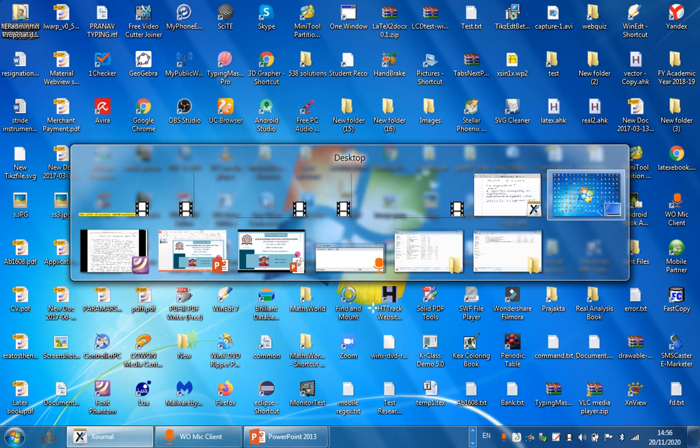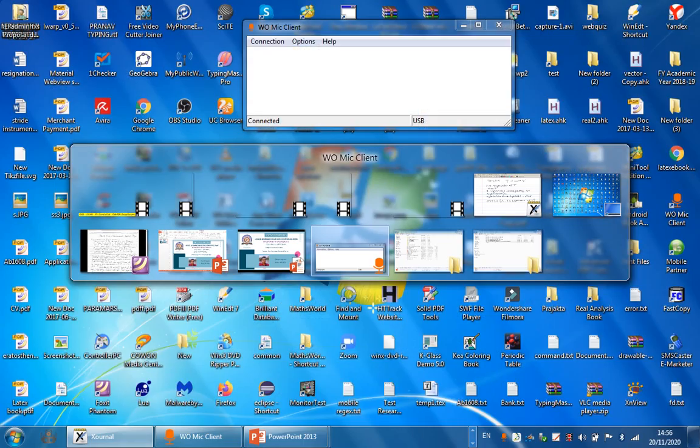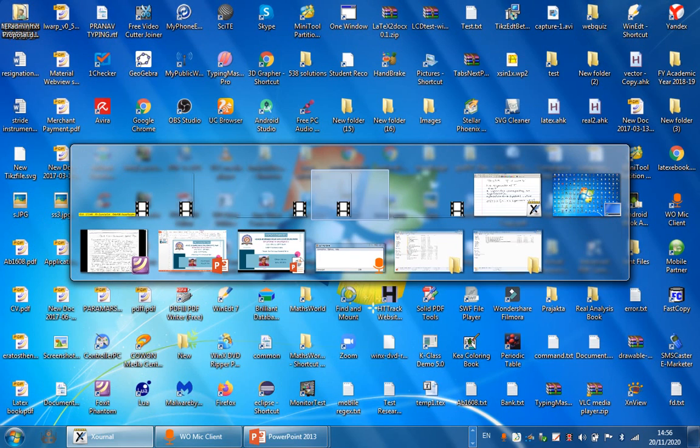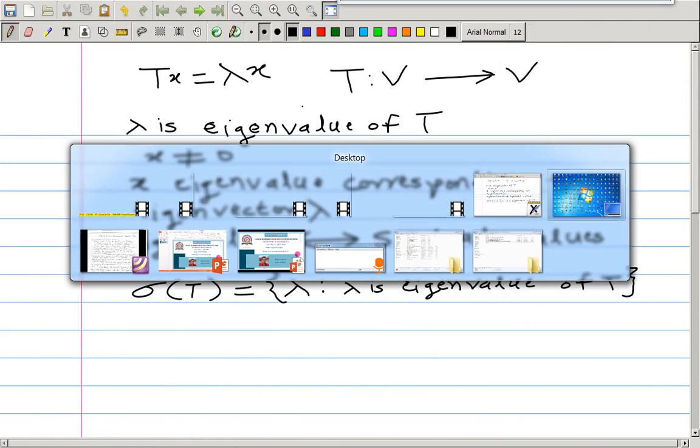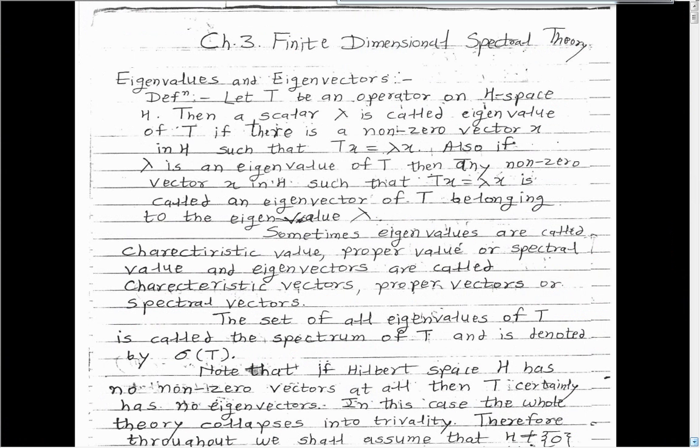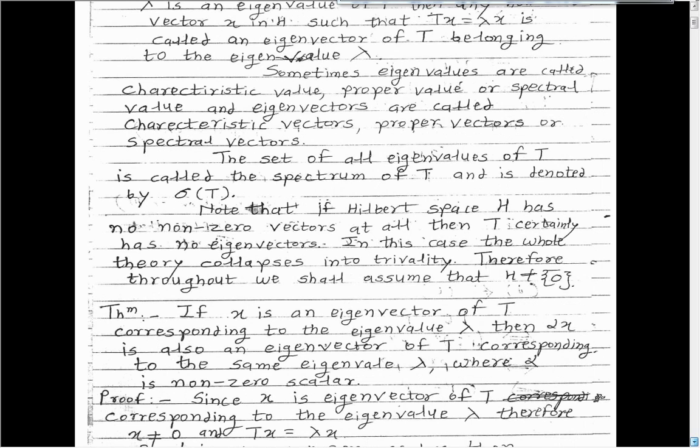Let us come back to the notes. So, the set of all eigenvalues of T is called the spectrum of T and it is denoted by sigma T. Note that if Hilbert space H has no non-zero vectors, then T cannot have eigenvectors.